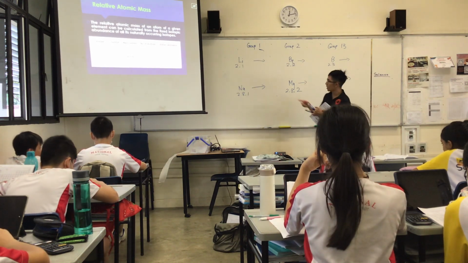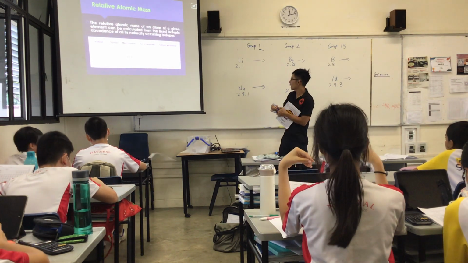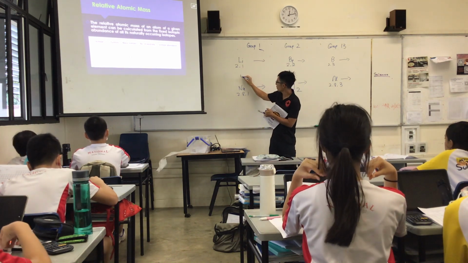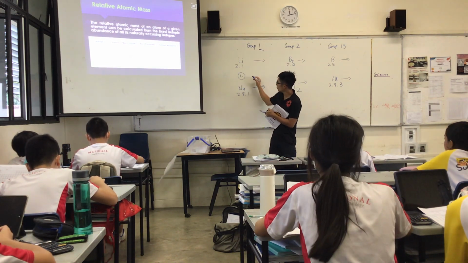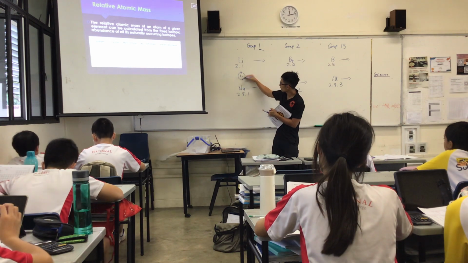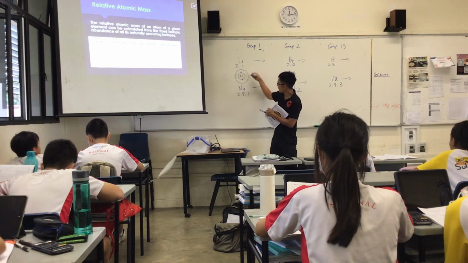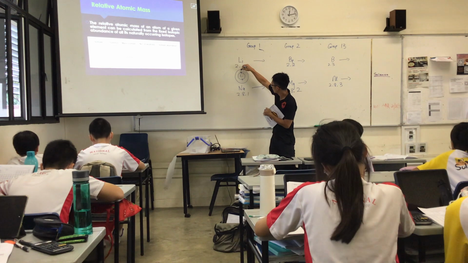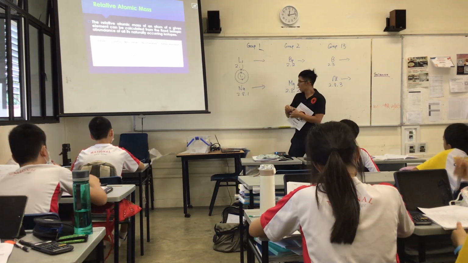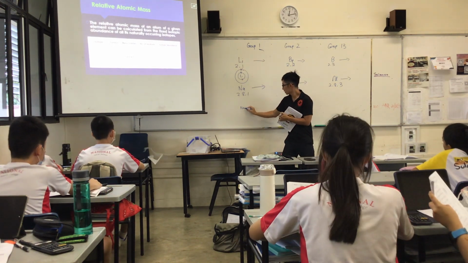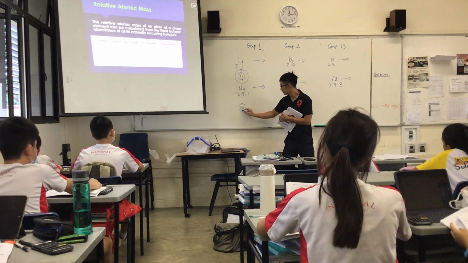If I were to draw this out in electronic configuration, am I right to say something like that? For lithium, the first shell you have 2. Second shell you have 1. Correct? For sodium, first shell 2.